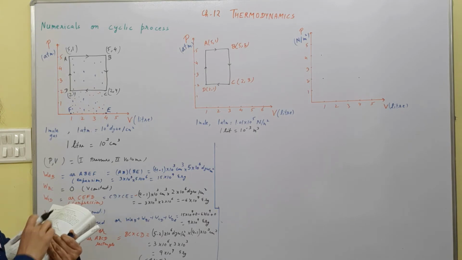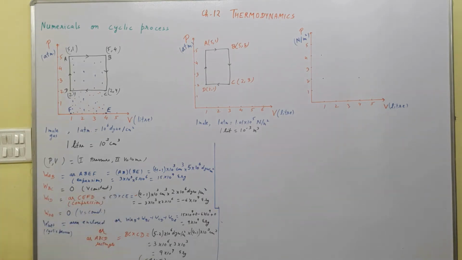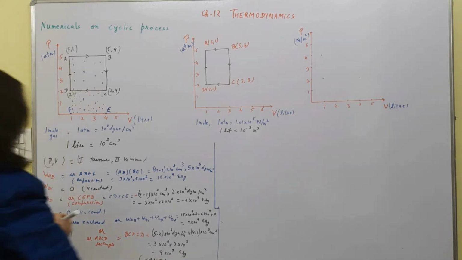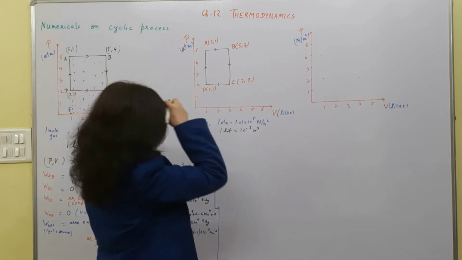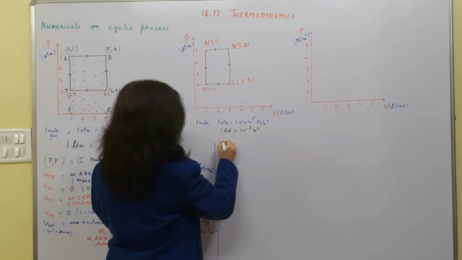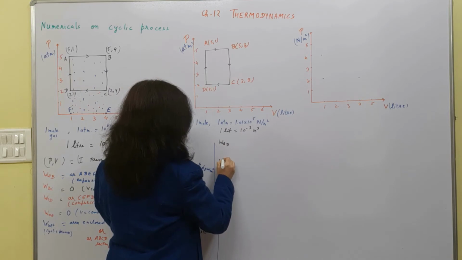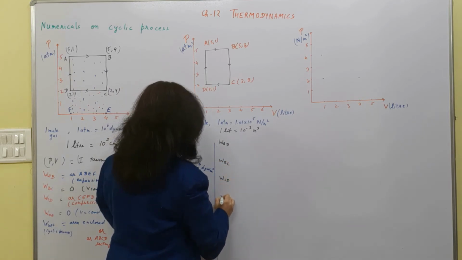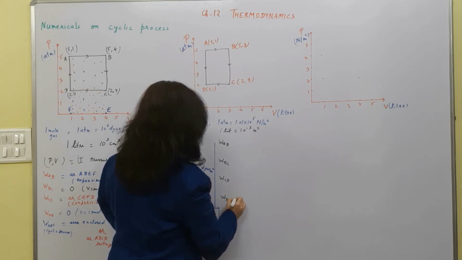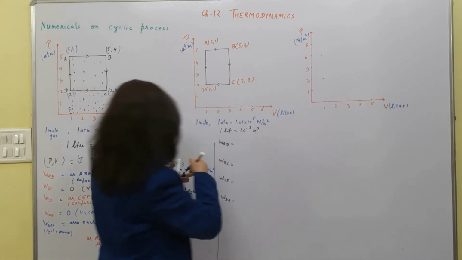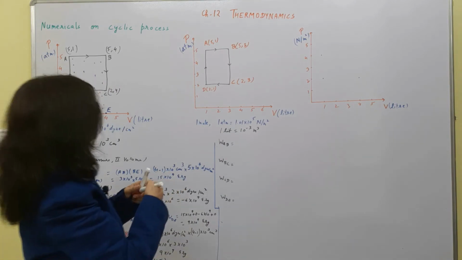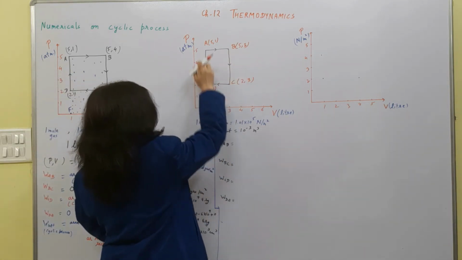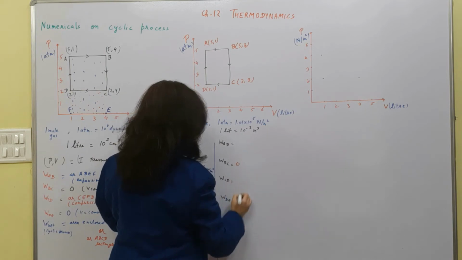So here this is given. Now you have to find out WAB, WBC, WCD and WDA. I think by now it is clear that work done in BC and DA is 0.